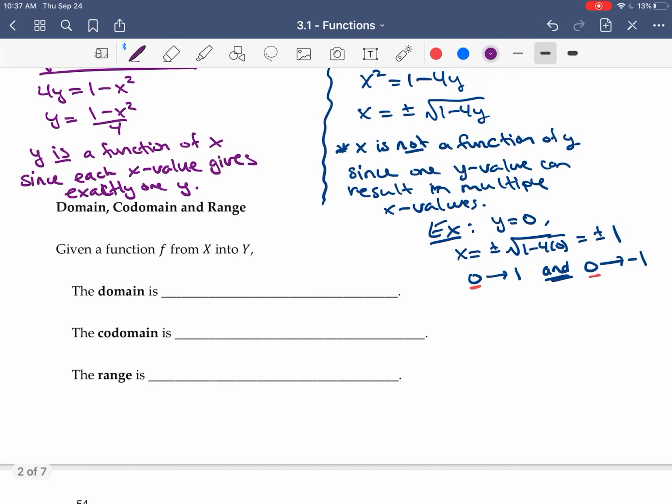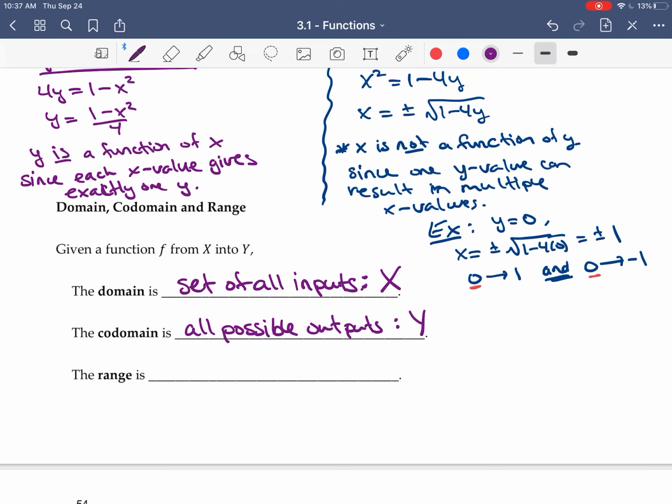So given a function f from x into y, the domain is the set of all inputs. That's going to be the things you put in. So that's going to be your x set. The codomain is all possible outputs. That is actually your y set, because it's everything that you could match things in x with.